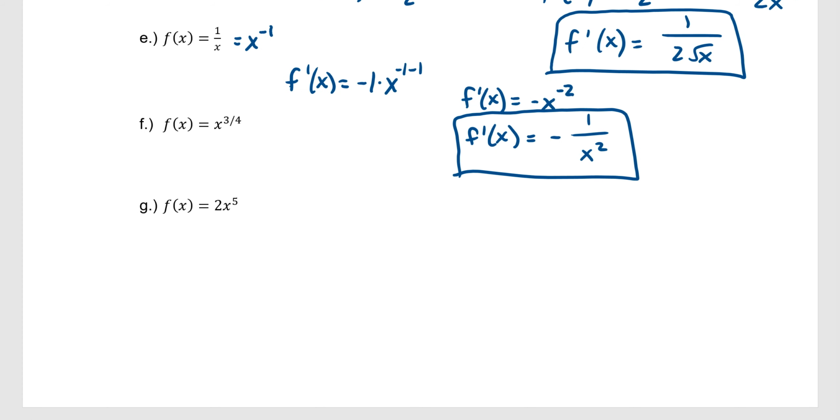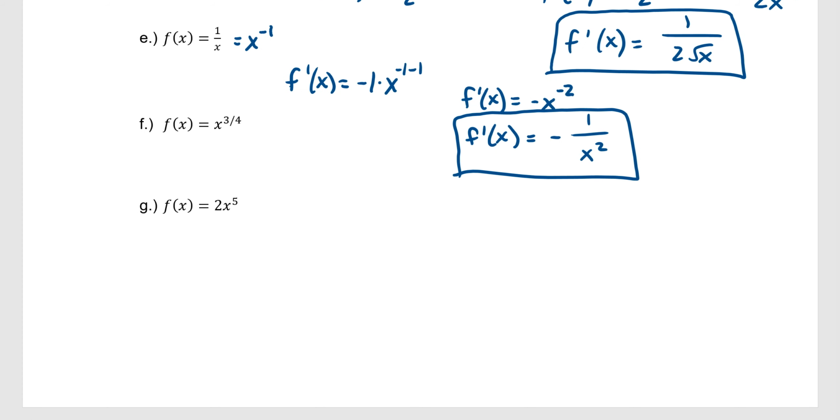Next one, we have f of x equals x to the 3/4. So f prime of x is going to be: bring down the exponent out front, multiply it, and subtract 1 from that exponent. Let me just move down this other one here.